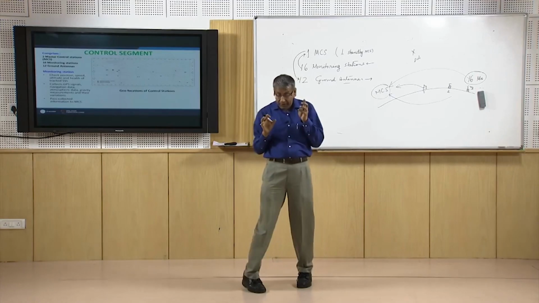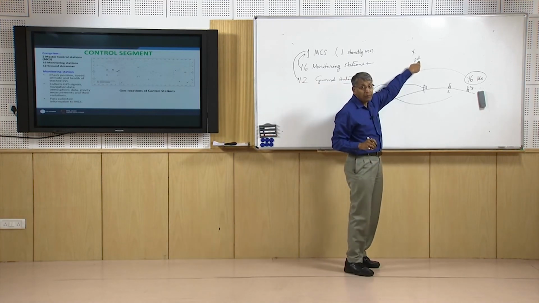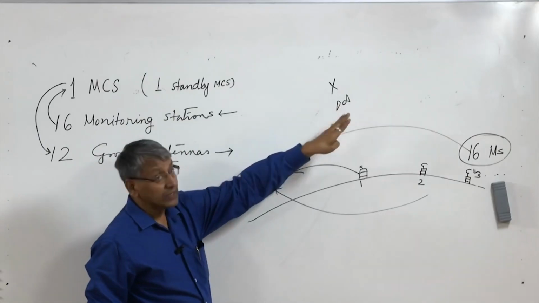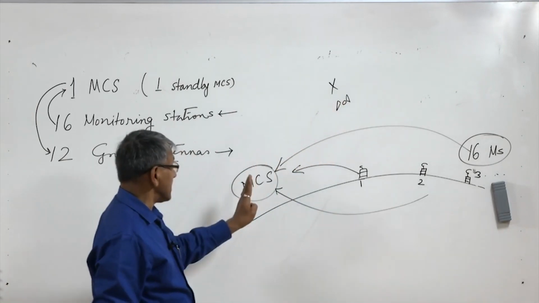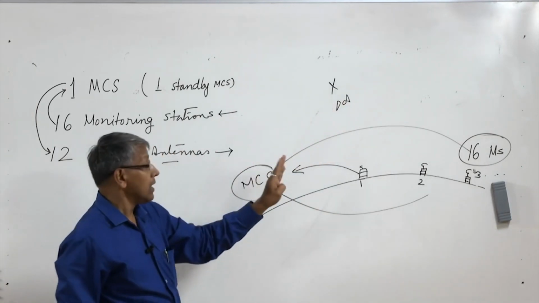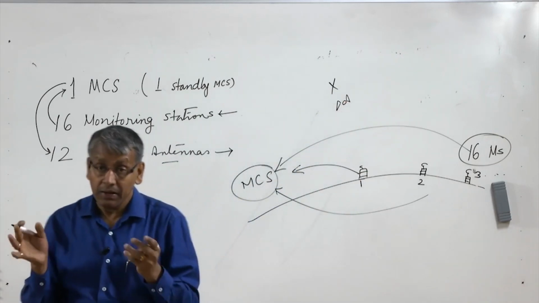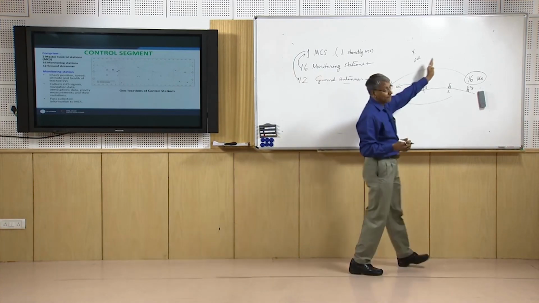As the orbital period of this satellite is 12 hours, within 12 hours the master control station will get 16 sets of information about this satellite at different periods of time.